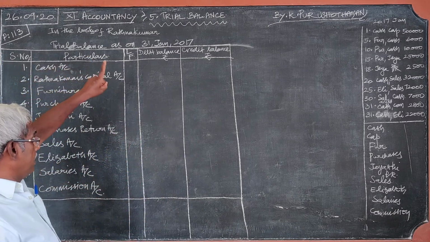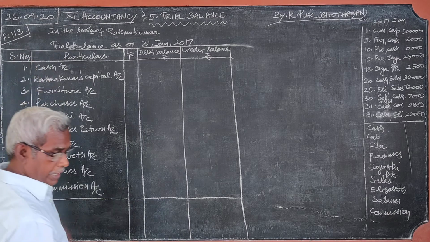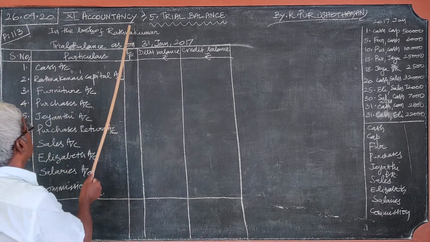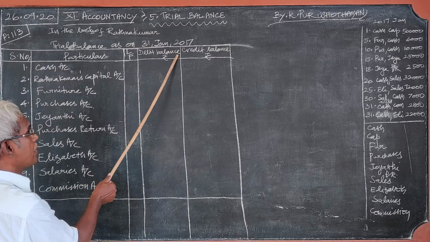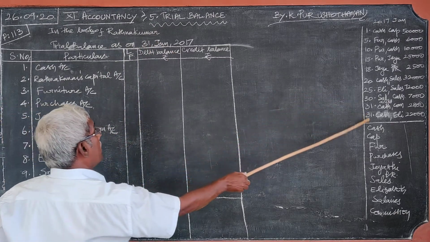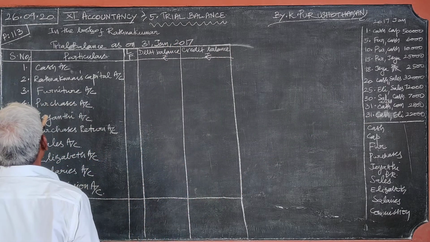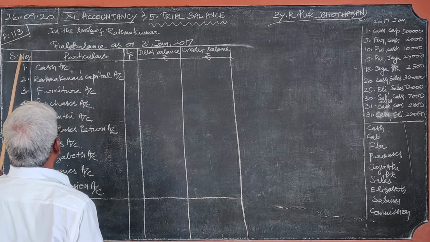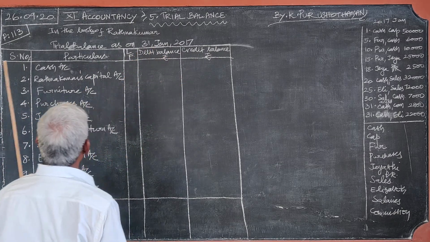This comes under chapter number 5, trial balance. We first write in the books of the name, trial balance as on the last date of the accounts, January 31st. The format is serial number, particulars, ledger folio, debit balance, credit balance.